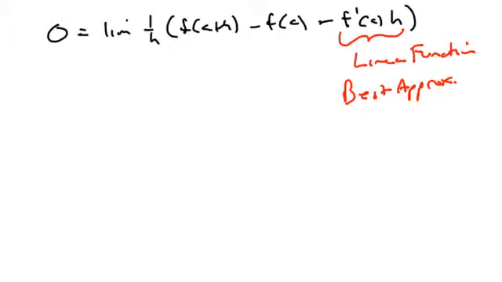Now, there's a reason why we spend so much time doing matrices and linear functions, and the reason is because we can represent a linear function with a matrix. So we're going to say that it's a linear function of h, so if I had my derivative, f prime of a is going to equal some L times a.